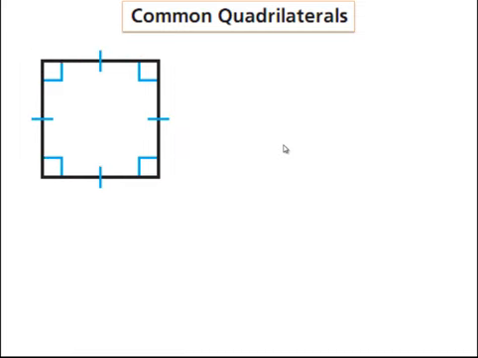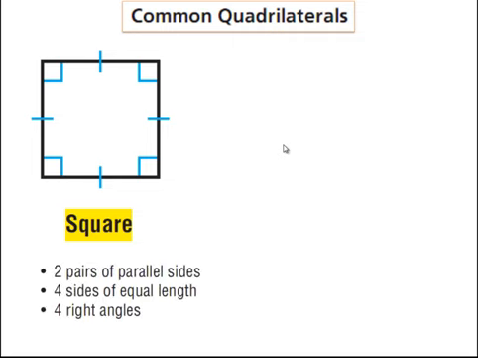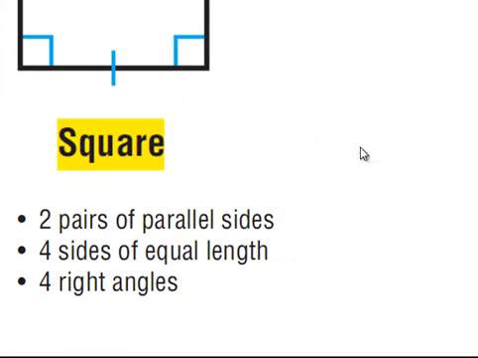Okay, let's go to the fifth quadrilateral with us. The fifth quadrilateral with us is, do you know it? Yeah, I have an idea about it. It's a square. What are its conditions? There are three conditions for it.